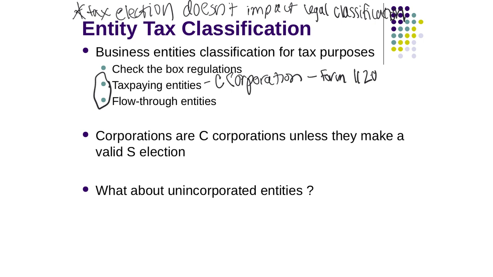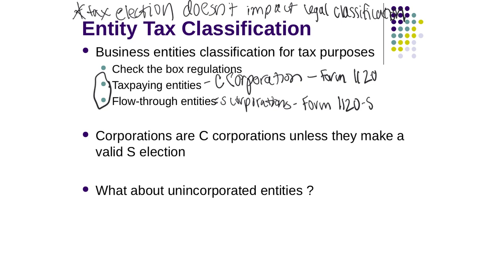So some examples of flow-through entities. We have S corps, so S corporations, and we see those on Form 1120S, which makes sense because it's a corporation.